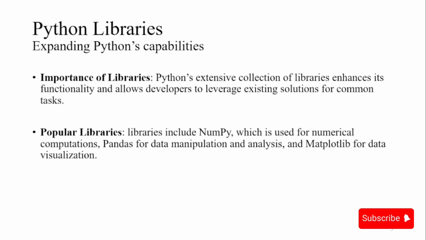We'll be talking much more about libraries. These are the ones that we mostly use in data science. The importance of libraries is that Python's extensive collection of libraries enhances its functionality, and allows developers to leverage existing solutions for common tasks.